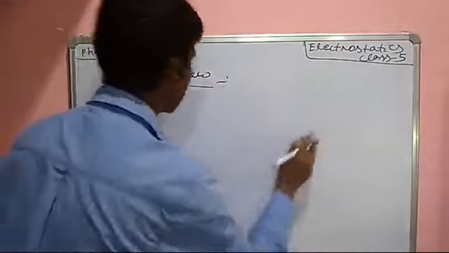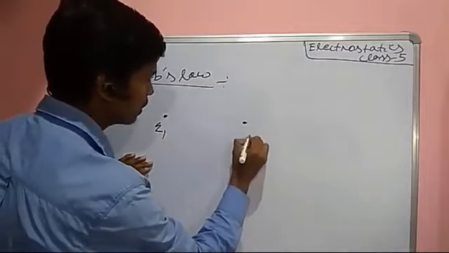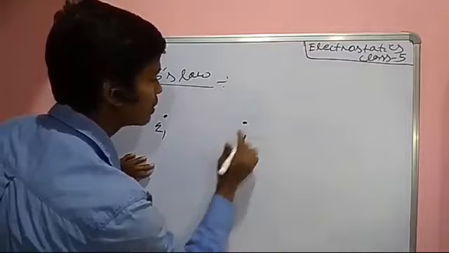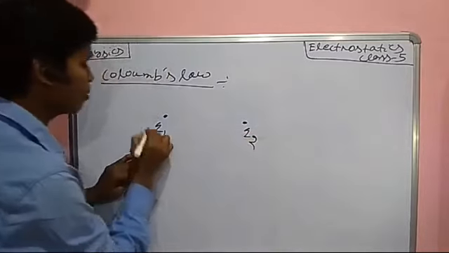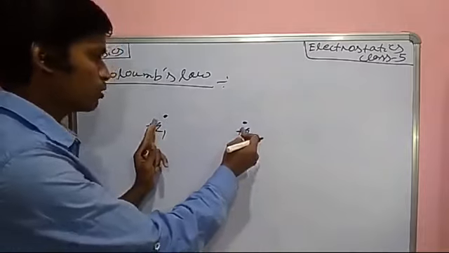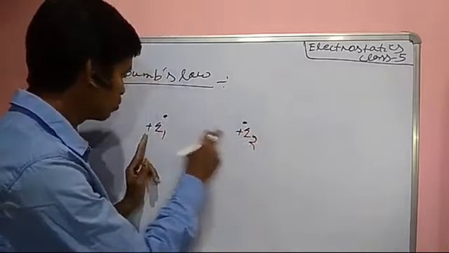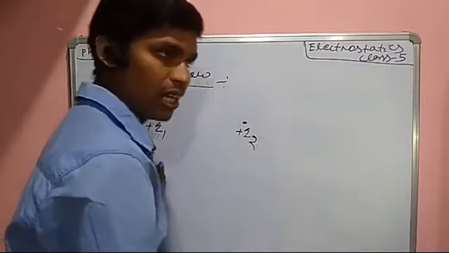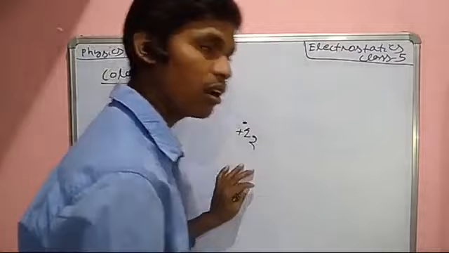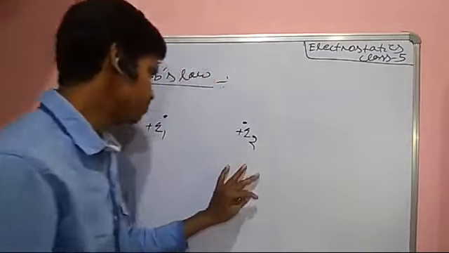Suppose two charges are there, this is Q1, this is Q2. Suppose this is the positive charge, and this is the positive one. The force between the two charges must be repulsive because they are like charges. Like charges repel each other; unlike charges attract each other.